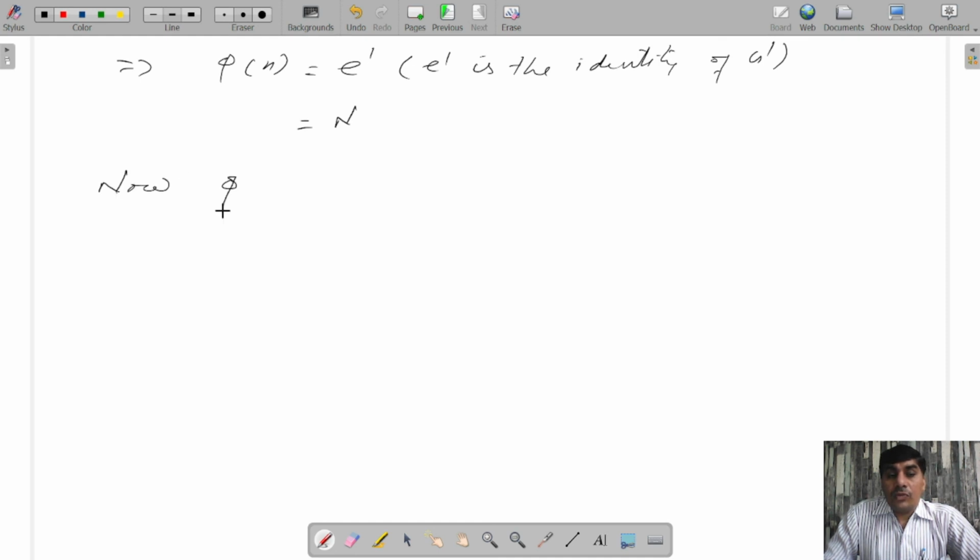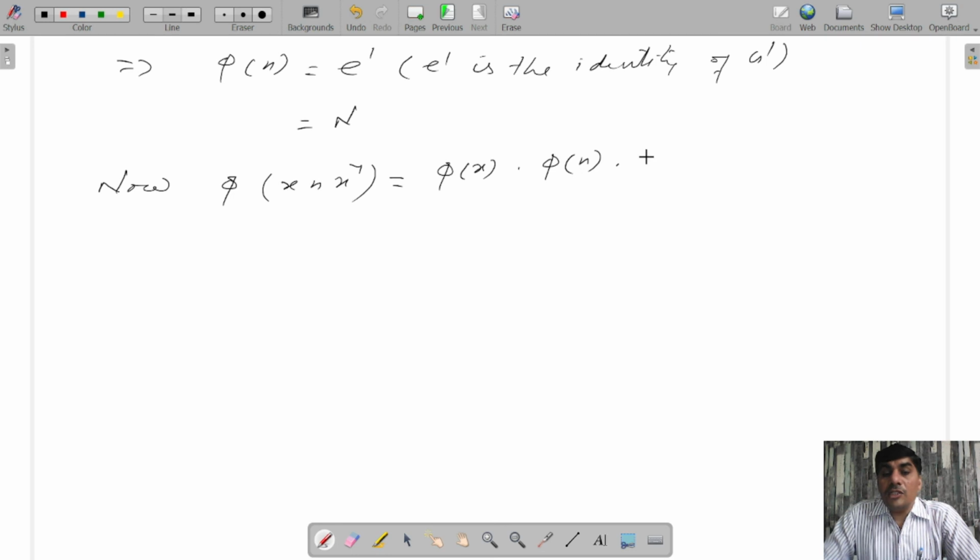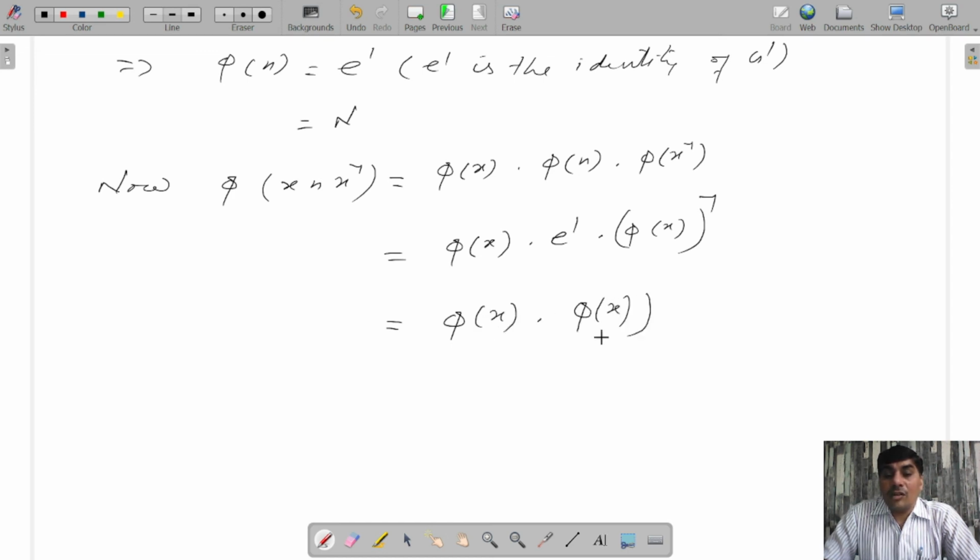Now, phi of x n x inverse is equal to phi of x into phi of n into phi of x inverse, which is equal to phi of x into e dash into phi of x whole inverse, which is equal to phi of x into phi of x whole inverse, which is equal to e dash.